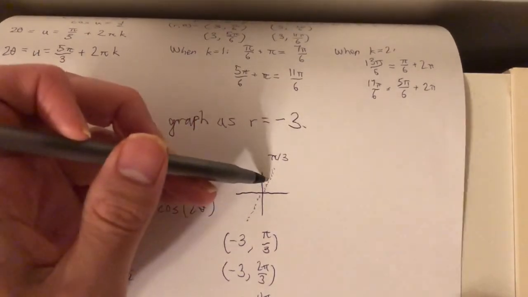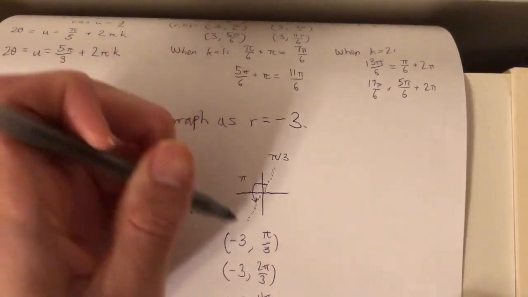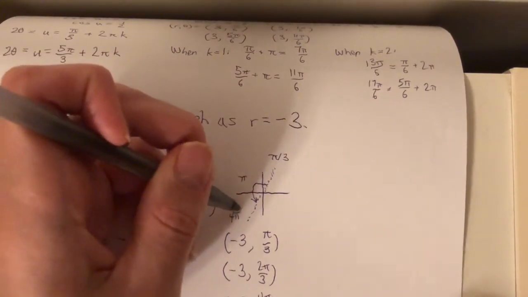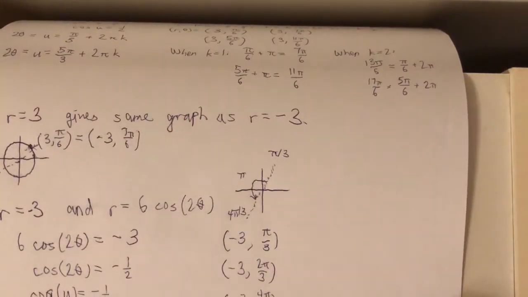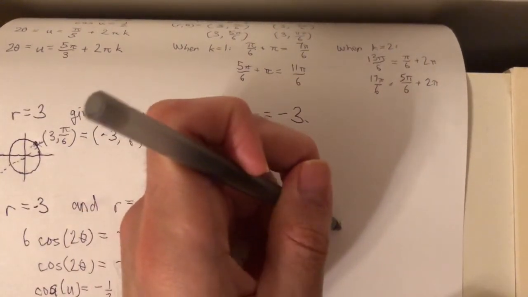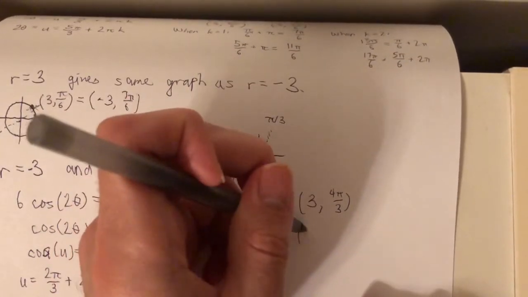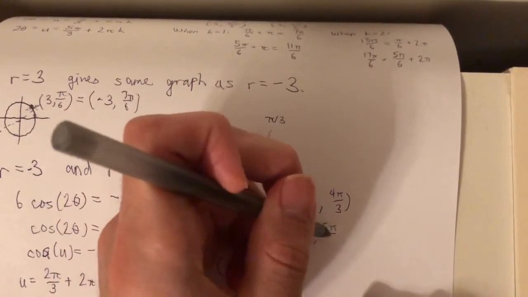If I add π, so π/3 plus π, it's going to give me 4π/3. So (-3, π/3) is going to be (3, 4π/3). And I get (3, 5π/3) similarly.